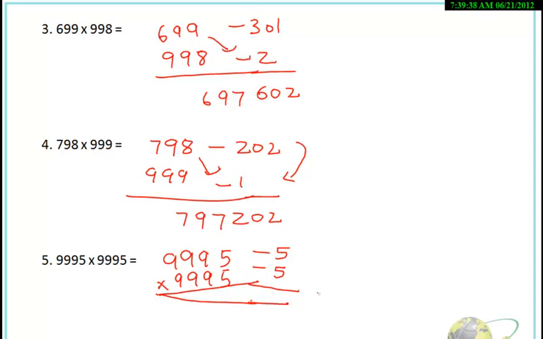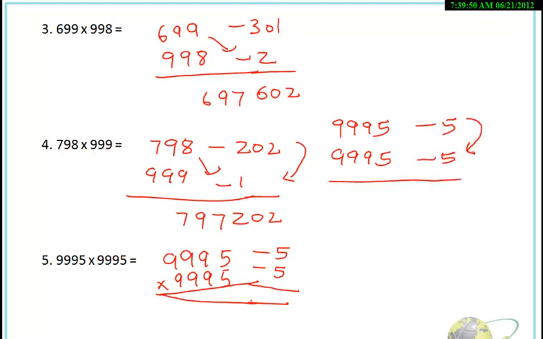Now with this multiplication we have to fill up 4 digits because there are 4 zeros in 10,000, but we are just getting 2 digits since 5 into 5 is 25, so we'll be putting 2 zeros also over here. So it is 0025 and the remaining thing is the same, it's 9990. So the answer is 99900025. Okay, friends.